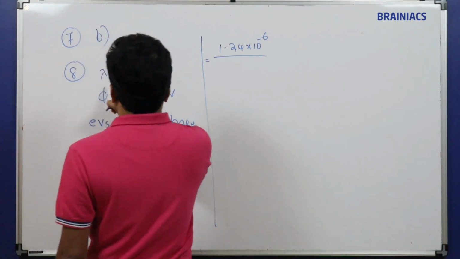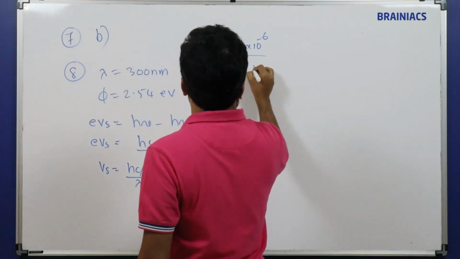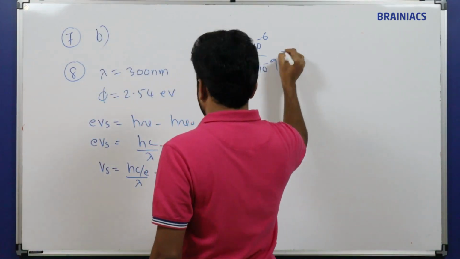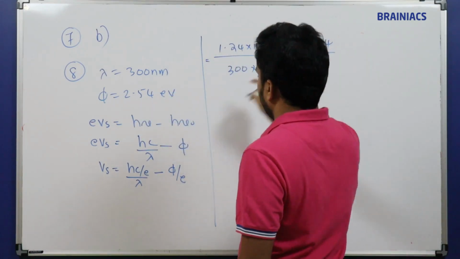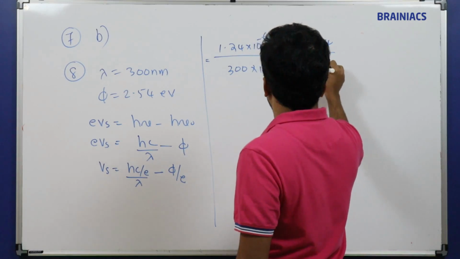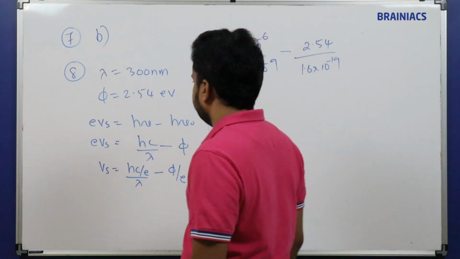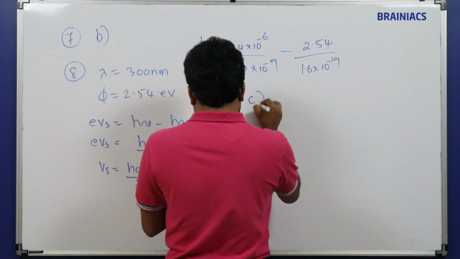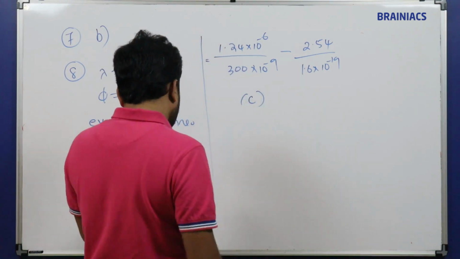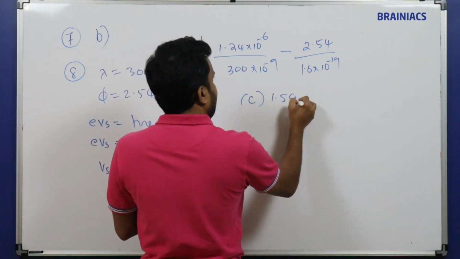Divided by lambda, which is 300 nanometer, 300 into 10 power of minus 9, minus the work function 2.54, divided by the electronic charge 1.6 into 10 power of minus 19. You substitute the values and we get the answer. I got option C as the right answer for the eighth question. So it is 1.59 volt.